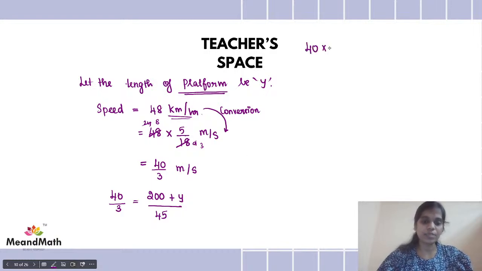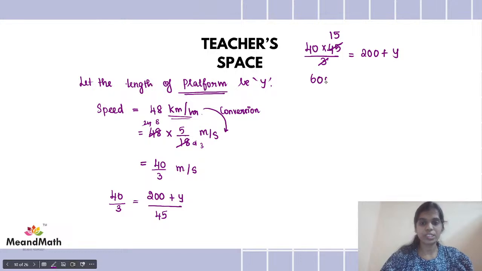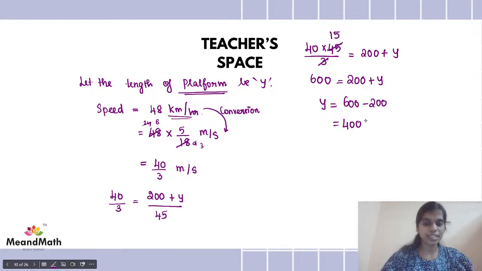So 40 times 45 divided by 3 equals 200 plus y. 15 times 40 is 600, so 600 equals 200 plus y. y equals 600 minus 200, that is 400 meter. This is the length of the platform.